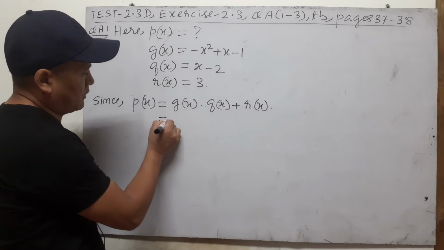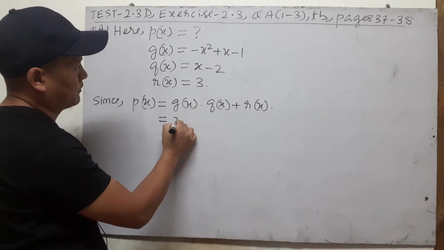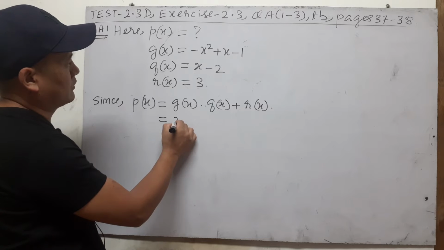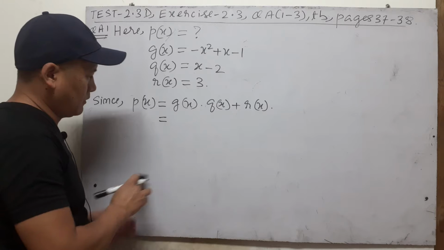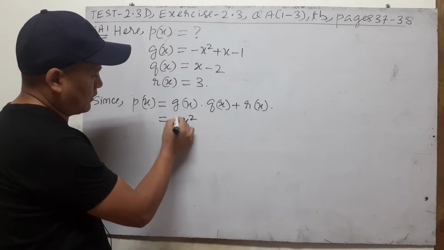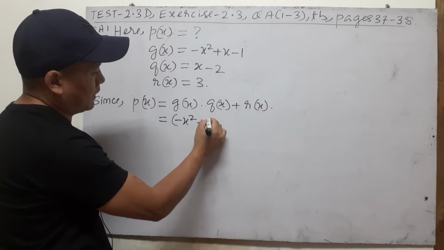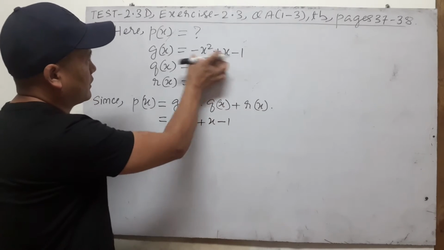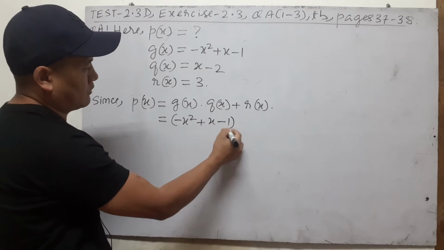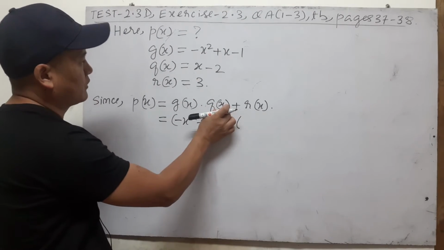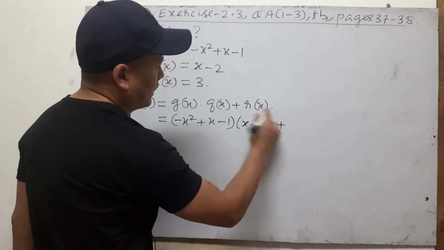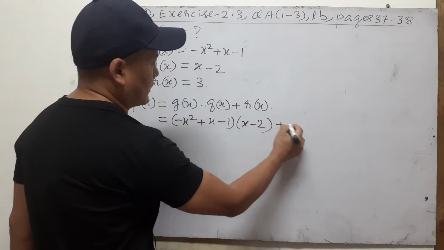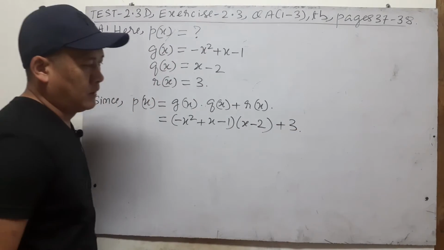So we're going to use that to find the unknown p of x here. It will be g of x, minus x squared plus x minus 1, this one is the g of x, plus the bracket, into another bracket, q of x is x minus 2, plus r of x is 3.